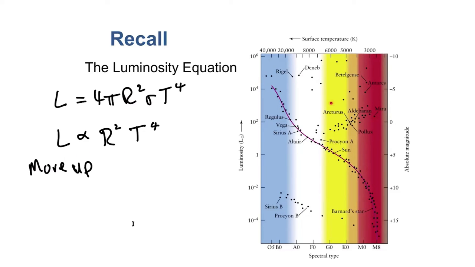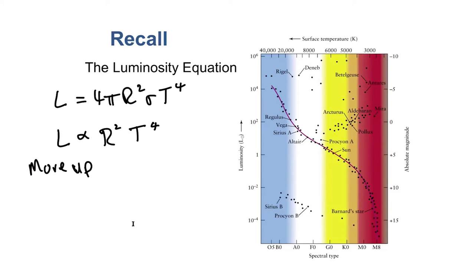Moving up on this diagram is increasing the luminosity while keeping the temperature constant, right? So L is going up and temperature is not changing. How must radius be changing? What must be happening to the radius as we move from the sun up on this diagram?